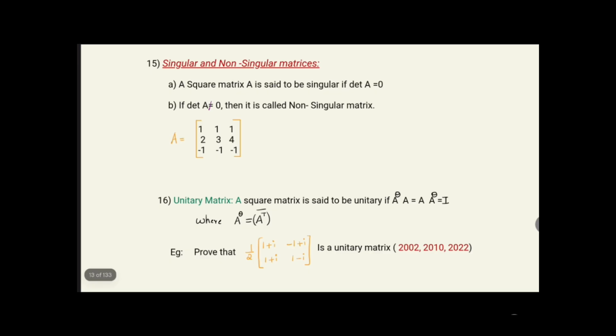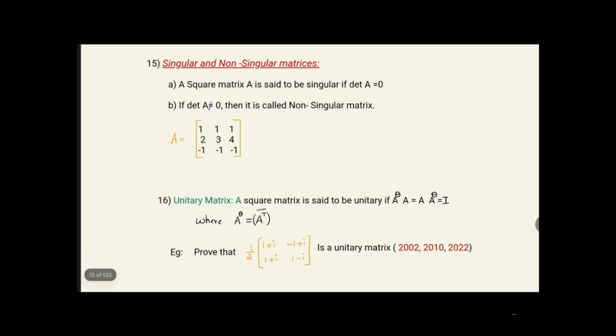If determinant is not equal to 0, then it is called a non-singular matrix. So here is the example for you. First let us find out the determinant. Let me check whether the determinant is equal to 0 or not, then we can say whether it is a singular or non-singular matrix.